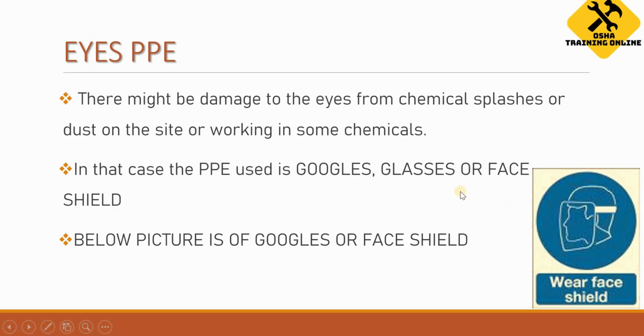It is also called glasses or face shield. You may have seen this in different kinds of videos or broadcasts, where some war is going on. So this is called goggles, glasses or face shield, and it must be used when your eyes can be affected by dust or chemicals.